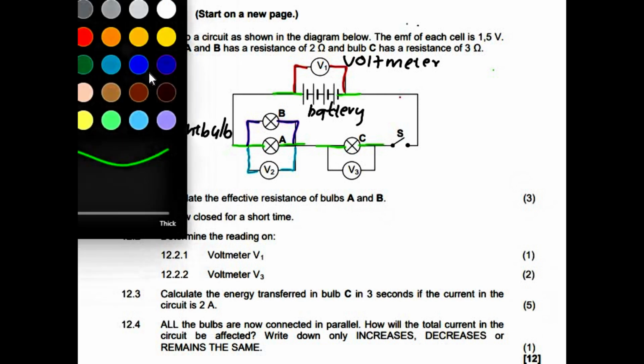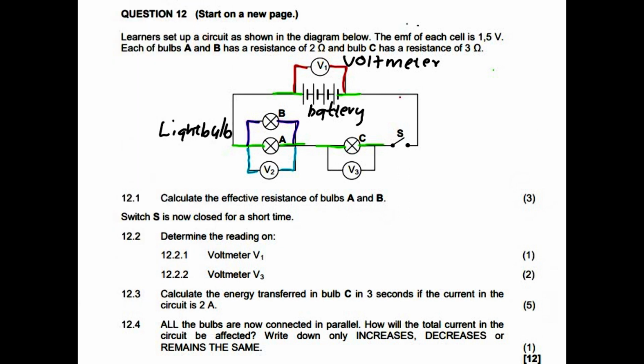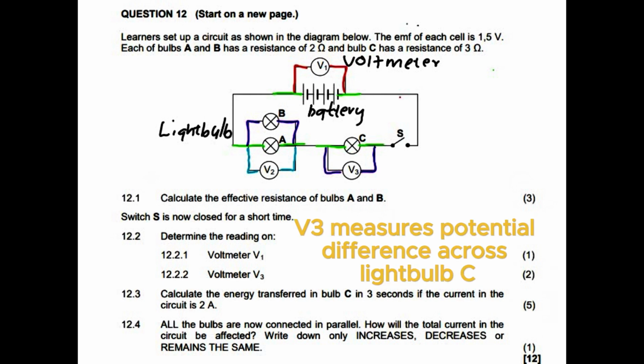Let me see, this one. And now this is connected on a different branch as well, depicted by the different colors, right? So it means that they are connected in parallel and they will experience the same potential difference, meaning that voltmeter V3 will be able to tell us the potential difference across light bulb C. I hope that you are still with me.